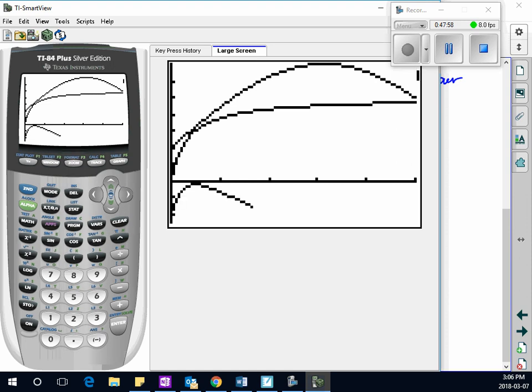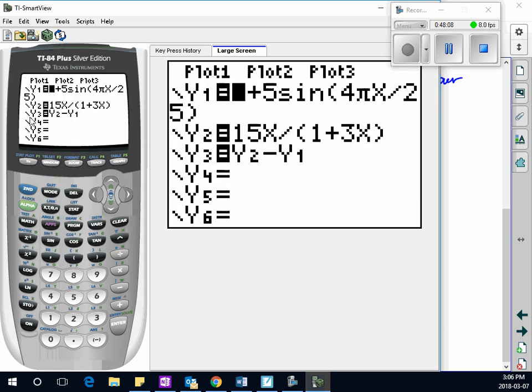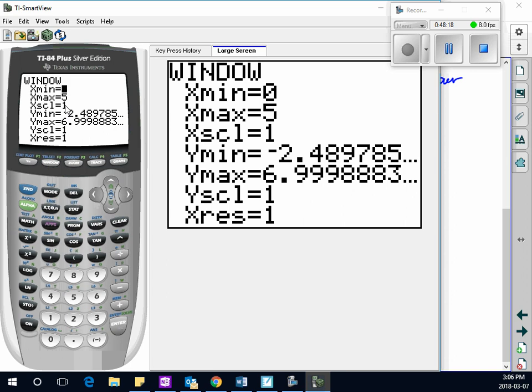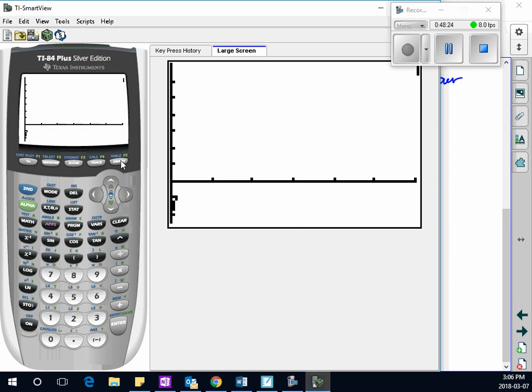Did you know that you can turn your y1 and y2 off so you don't see that? That's why it was confused. So if you go to y1 and unhighlight this, do you see what I'm saying? And then I'm going to go to my window, and I know I need to go as far as 6. So I'm going to change this to 6 and graph now, because then we can actually see it better.